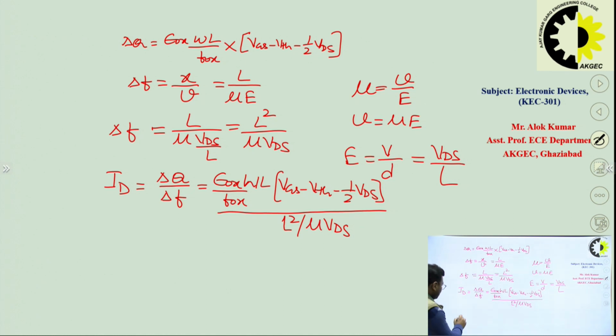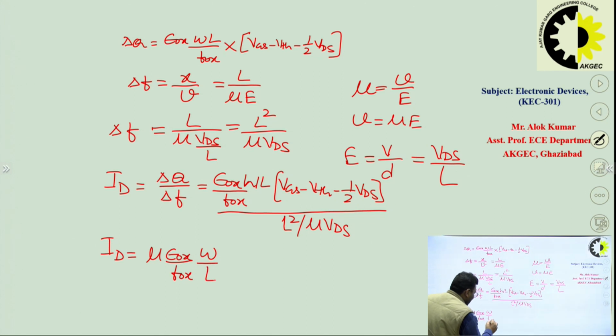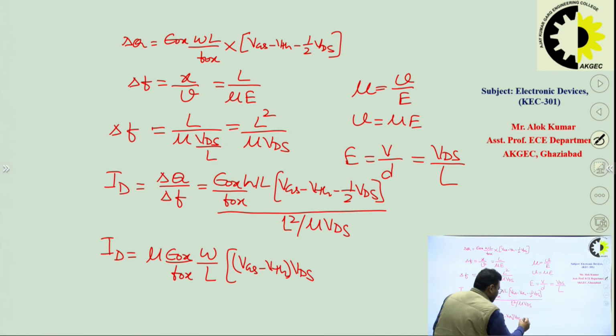After solving this, we will get ID is equal to mu epsilon OX divided by TOX into W divided by L into VGS minus VTH into VDS, right, minus half of VDS square.